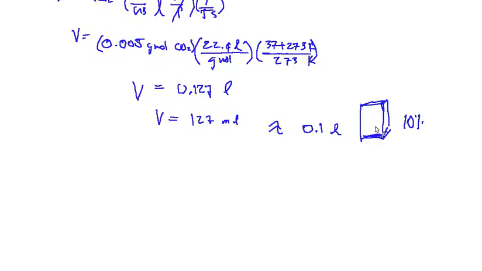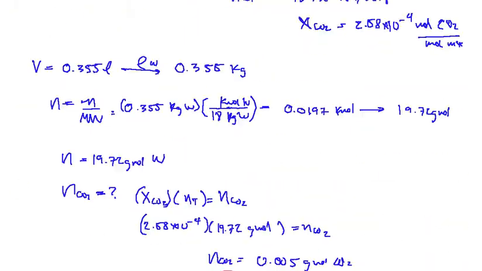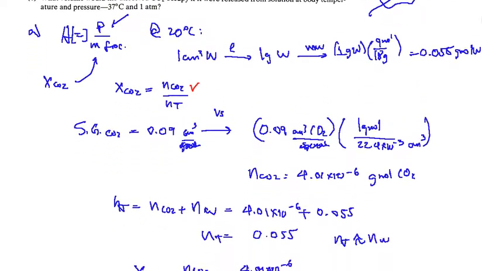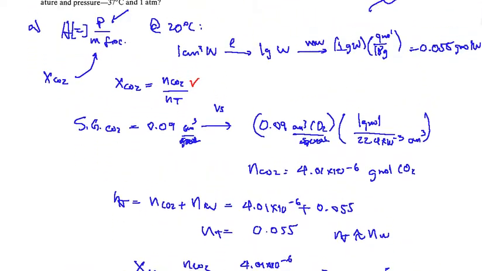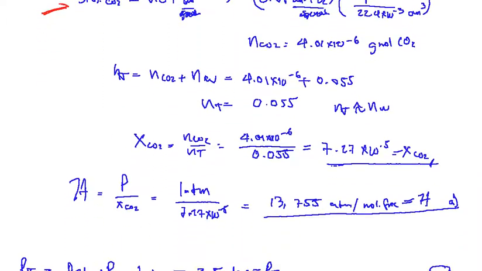So imagine you had 10 sodas, you will have a displaced volume of almost 1 liter, that is actually a lot. Essentially that is the problem. The only tricky part is this one, in which you calculate the amount of moles of CO2, but after that I think it's easy.